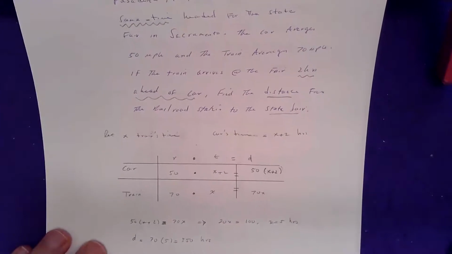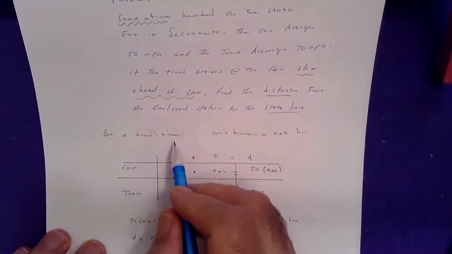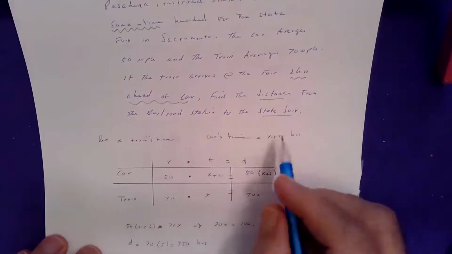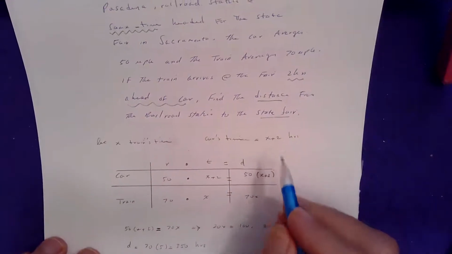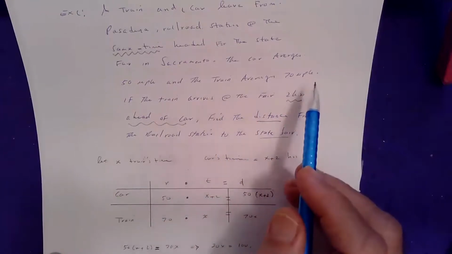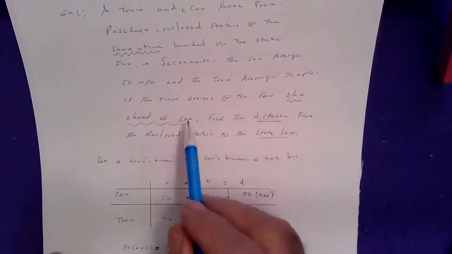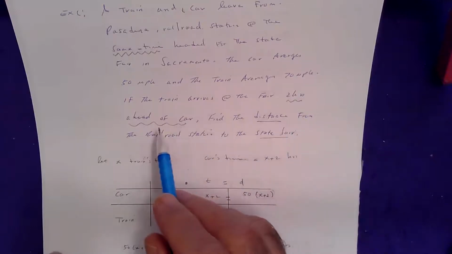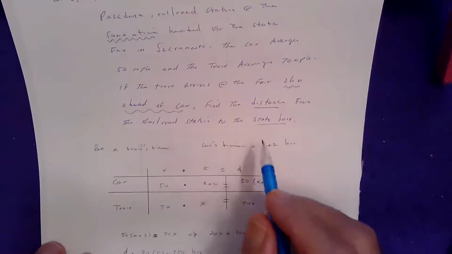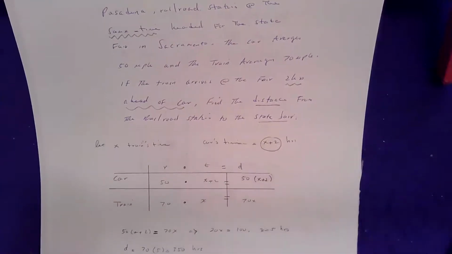So I'm gonna say let x be the train's time, but the car's time will be x plus 2. Why? Because remember, train was ahead of the car by 2 hours. So the car was on the road 2 hours longer than the train.